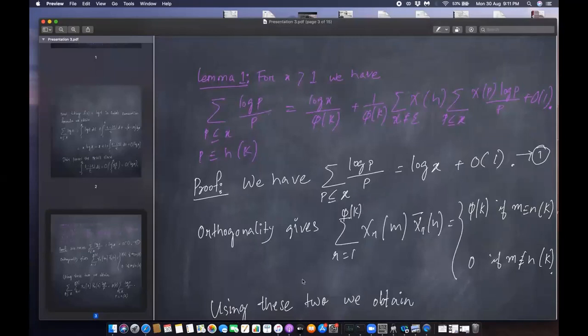So now we use one famous relation, known as the orthogonality relation of the Dirichlet characters.